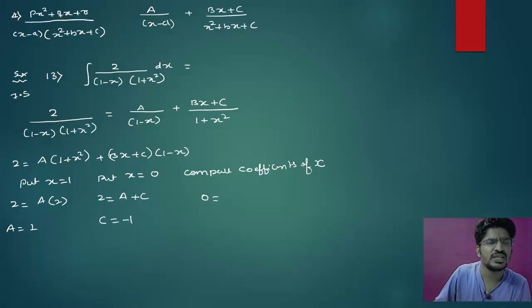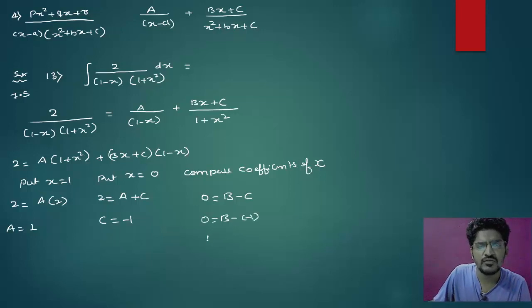Again, a into 1 is a, into x square will be ax square, so there is no use. bx into 1 is bx, so therefore b I can take. c into minus x is minus cx. Okay, so you can see c value is minus 1, therefore b minus of minus 1, therefore b will be equal to minus into minus is plus, you take it on this side, minus 1.